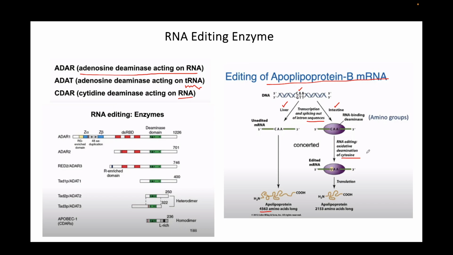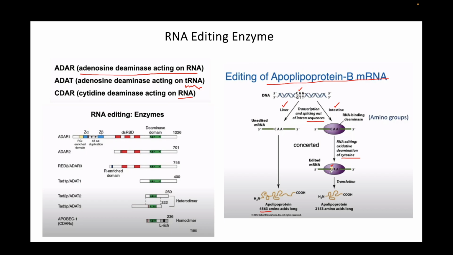So we have been discussing that when a deamination process occurs in case of cytosine, that means the ammonia group or NH3 group has been removed. That will lead to production of uridine or uracil. So this C has been replaced with uracil or uridine.